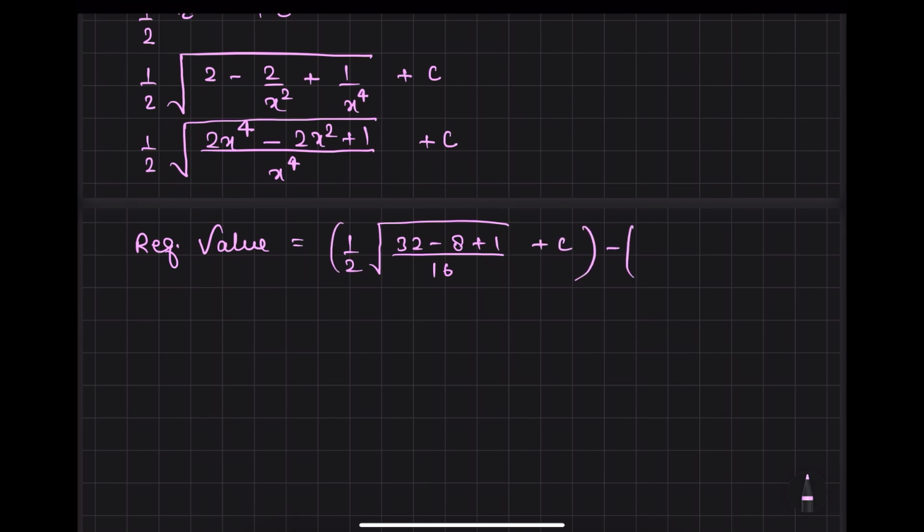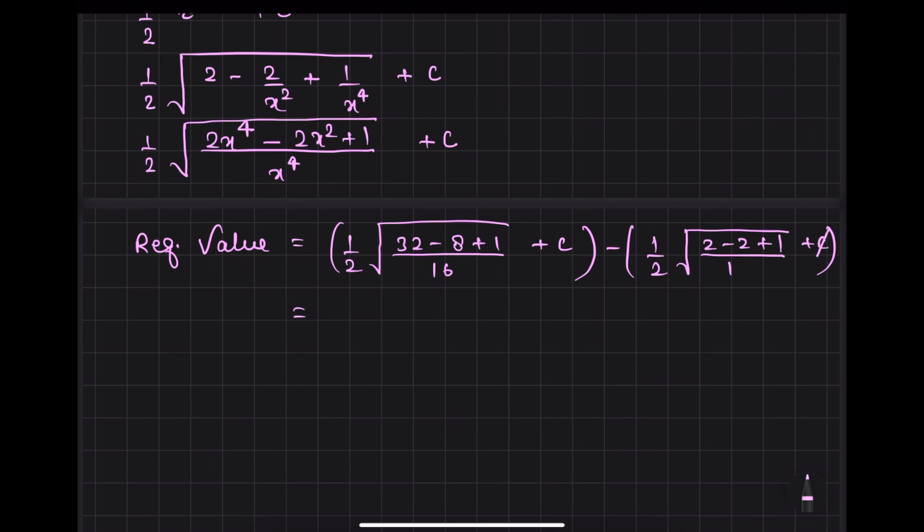So this is your upper limit. Now go with the lower limit. So 1 by 2 in root over 2 minus 2 plus 1 upon 16. Sorry, it is 1, no. Plus integration constant c.